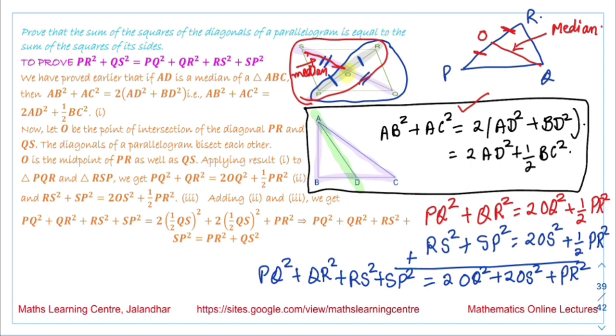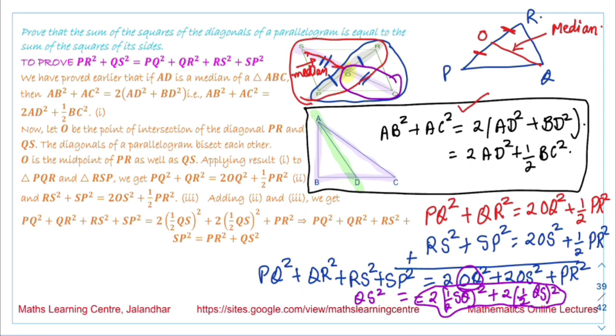Now if we look at this value, we are talking about OQ. What is this length OQ? This is half of SQ, so we get 2 times half of SQ square, plus 2 times OS, and we are saying OS is equal to half of QS square. Now what this combined value comes out to be is QS square.